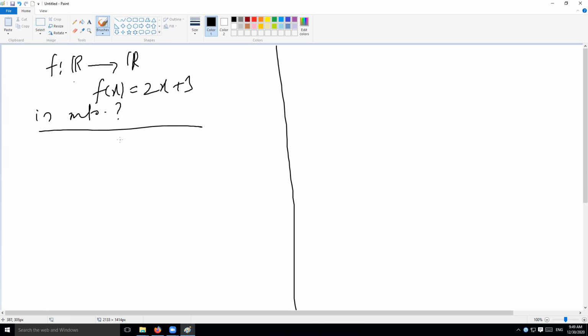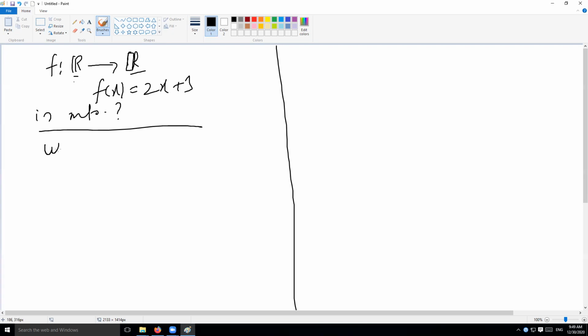How can I prove that this function is onto? For this, I have to pick an arbitrary element from the codomain and try to find an input for it from the domain. Pick an element from the codomain and try to find an input for that. If you are able to do it, your function is onto.